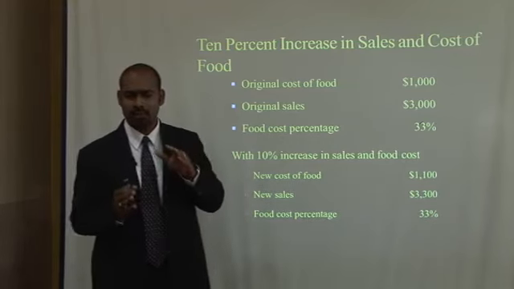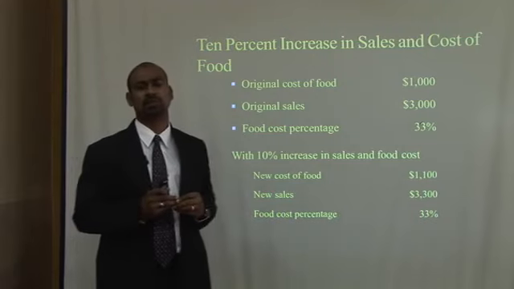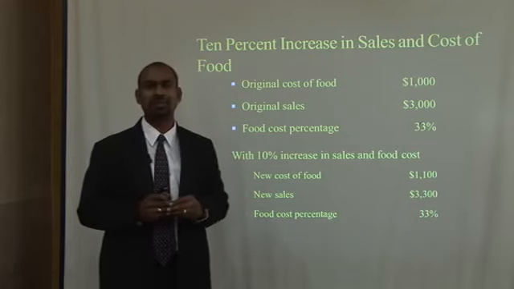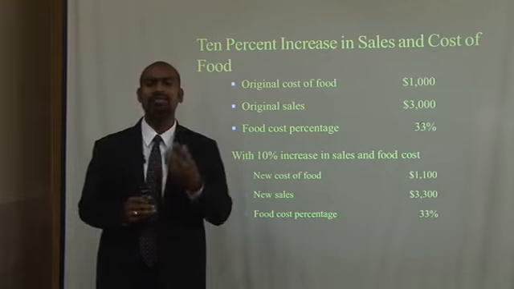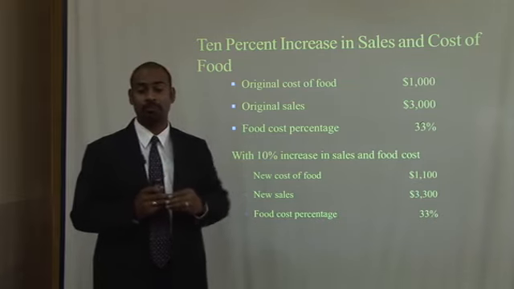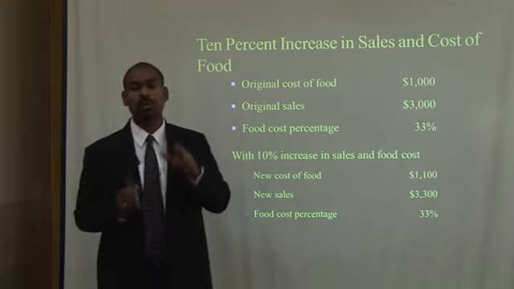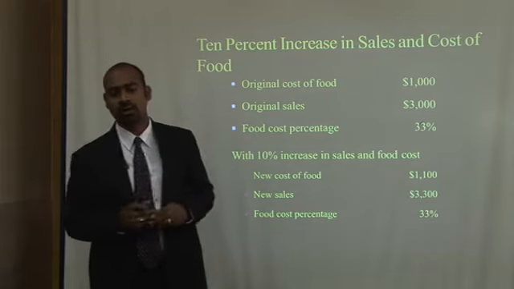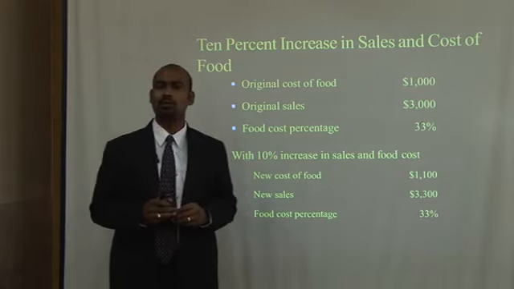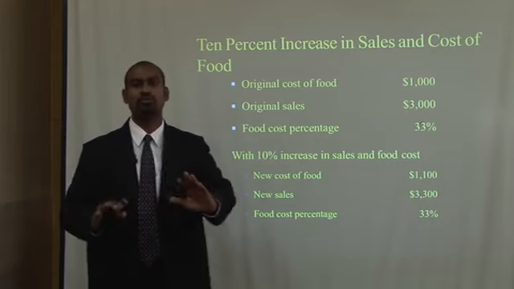The food cost percentage is 33%. Now there is a 10% increase in food cost and sales at the same time. The cost of food would be 1,100 and the sales would be 3,300. The food cost percentage would be the same.